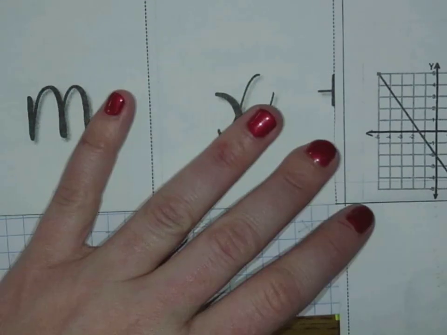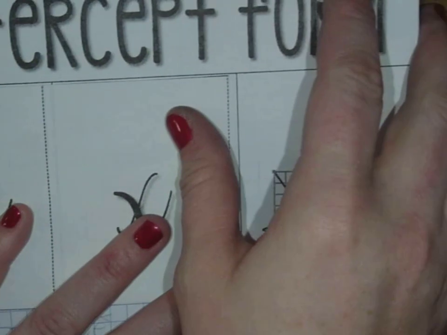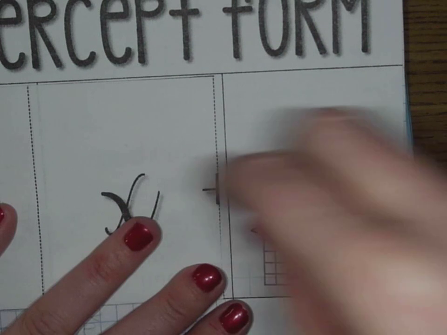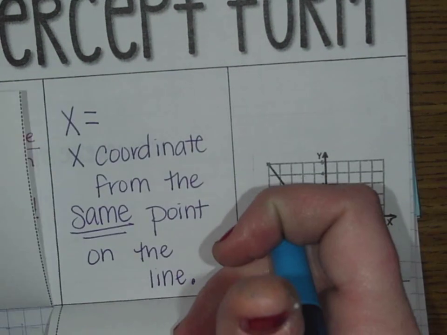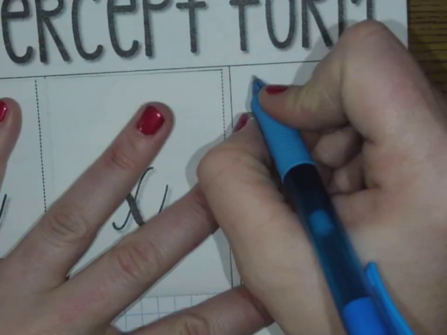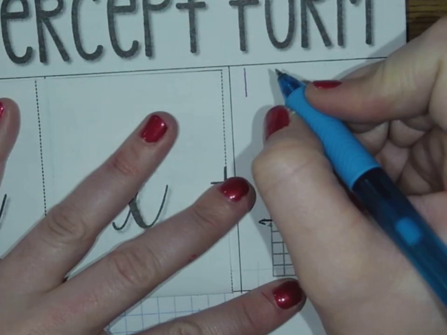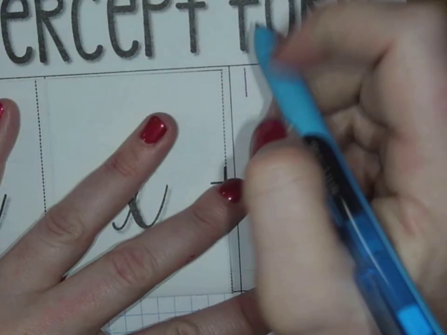And then the b, the last one, let me find a color. There's blue. Did I use blue? No. So the b, oh, and that's not even blue. Here's blue.